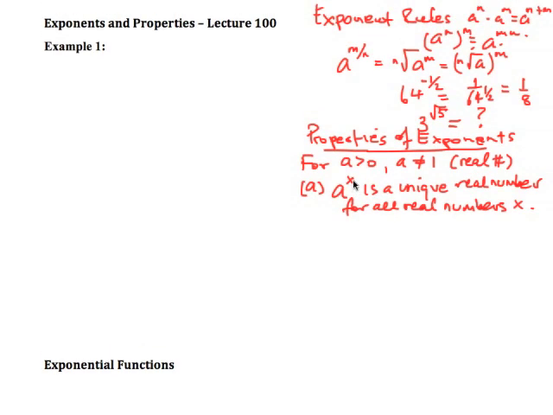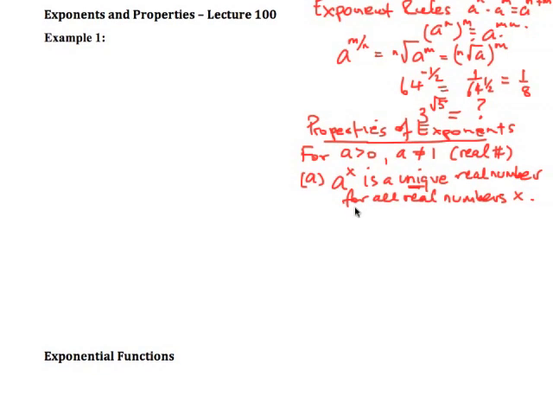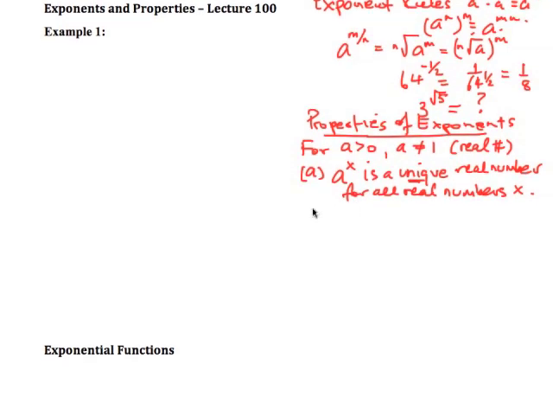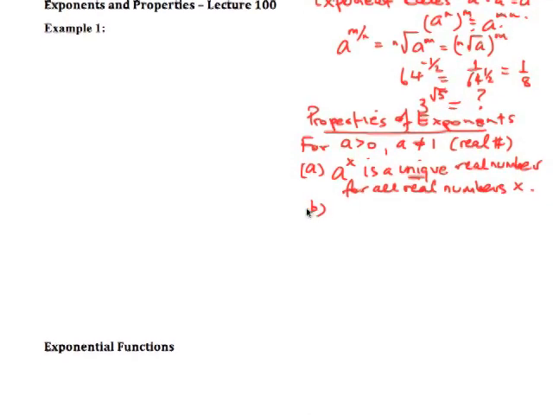So in other words, we can vary x here across all real numbers, and for each x we're just going to get the value of a raised to that real number as a unique answer, or there is only one answer to that particular calculation.